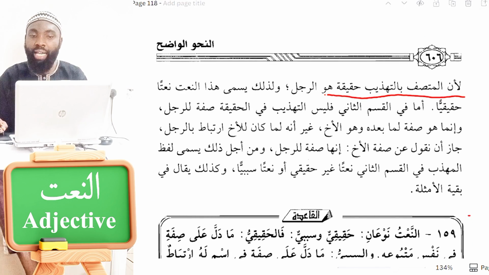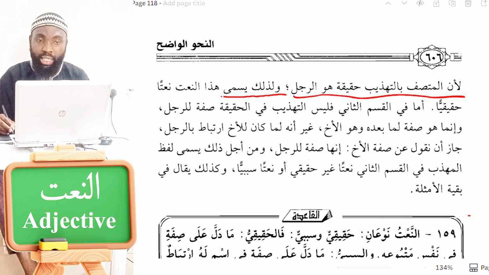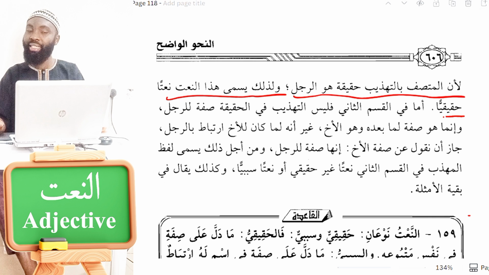This is because in the first section, al-muhadhabu is actually in reality qualifying ar-rajulu. For this reason, this type of na'at is called na'at haqiqi, the real adjective.